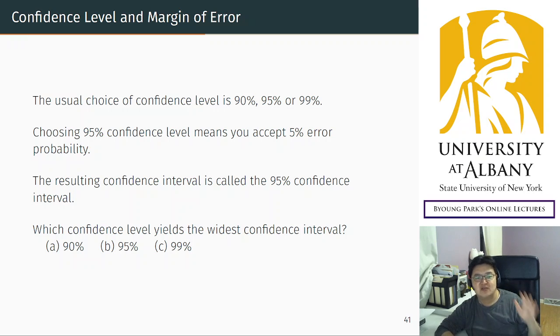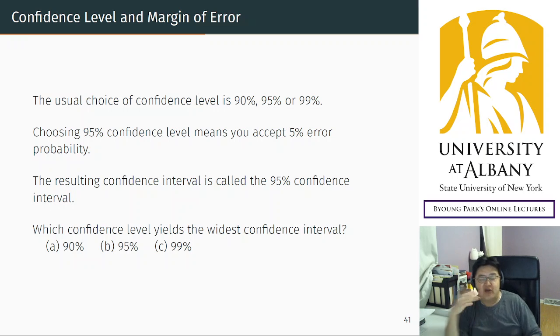A 100% confidence level is equivalent to a super wide, meaningless interval that will be 100% correct. So you have to allow some error probability, and typically 5%, 1% or 10% is used. It's up to you, up to the practitioner, up to the statistician.